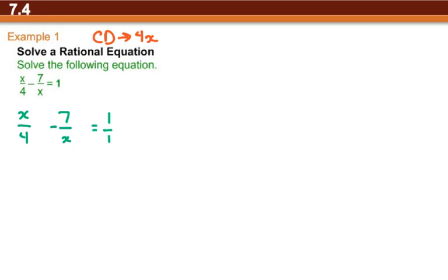With x over 4, if we multiply top and bottom by x, we'll make our common denominator of 4x. With 7 over x, if we multiply top and bottom by 4, we'll create that common denominator. And with 1 over 1, if we multiply top and bottom by 4x, we'll get the common denominator.